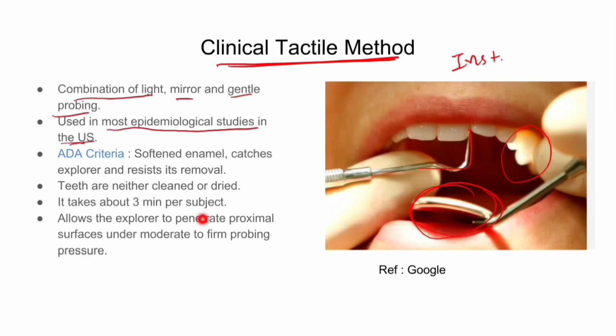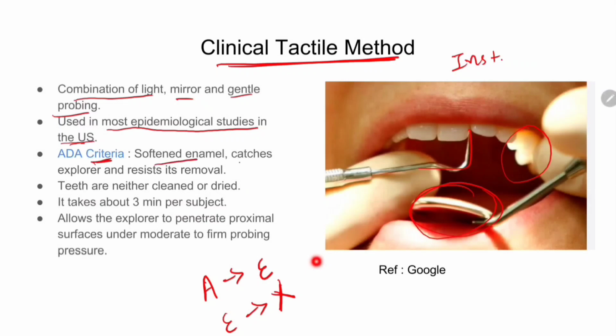So there are two different schools of thought. The American epidemiological study states that we can use an explorer to assess the teeth, whereas the European epidemiological study states that no, we should not use an explorer as it can cause cavitation. So first let us see the criteria.